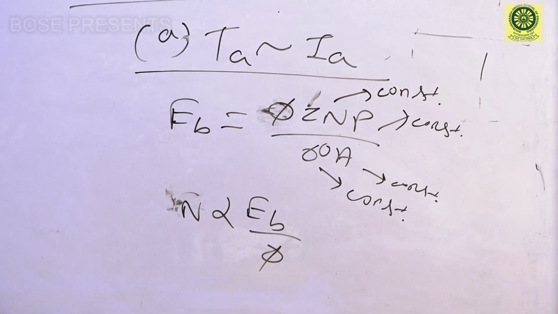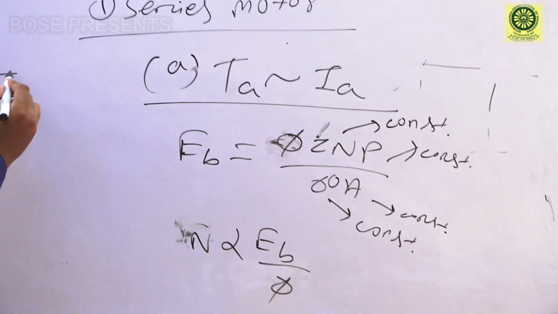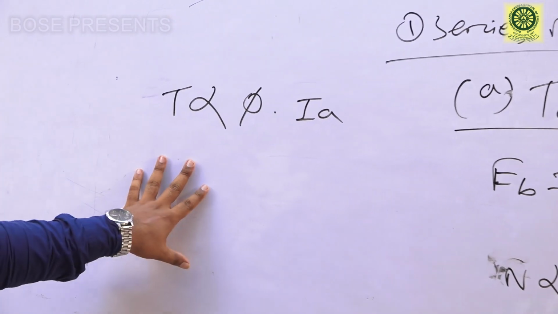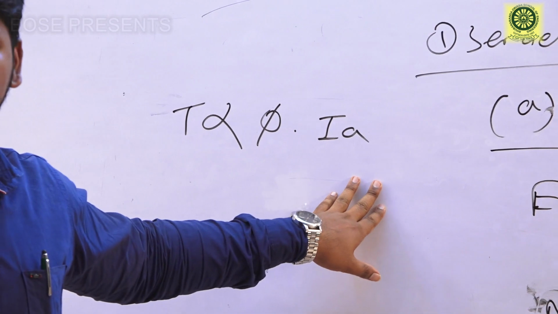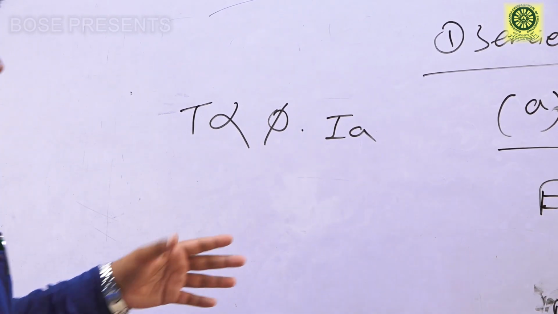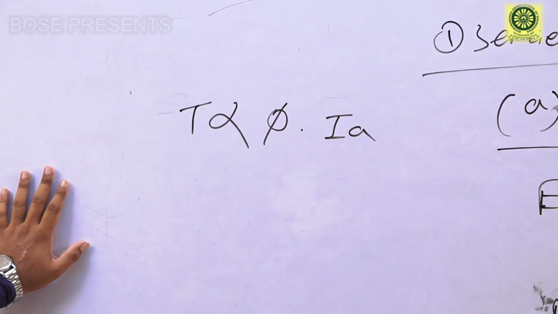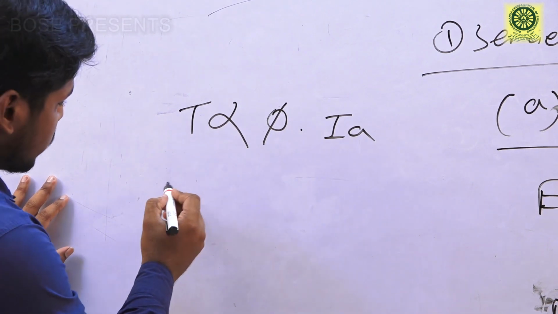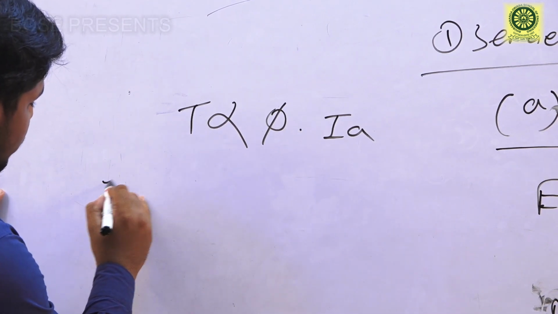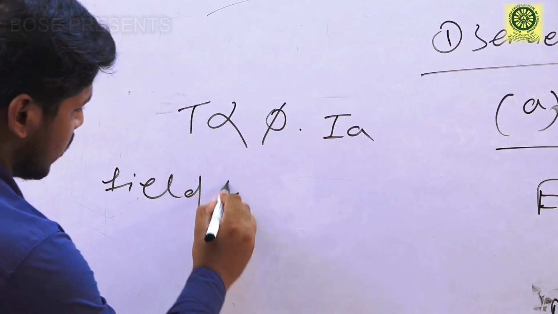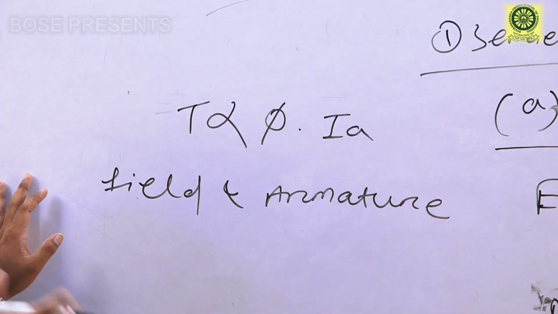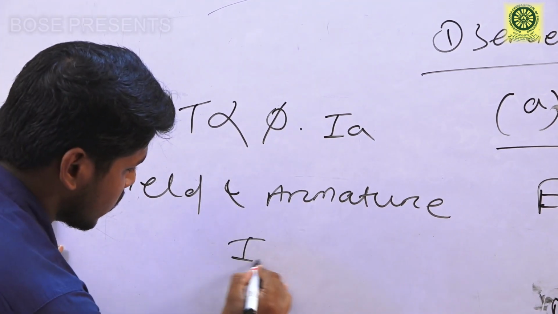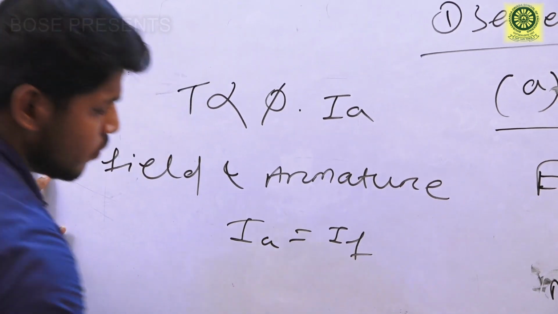Another formula we know is that the torque is directly proportional to the product of the flux and the armature current. In case of a series motor, the field and armature are connected in series, so the armature current equals the field current.